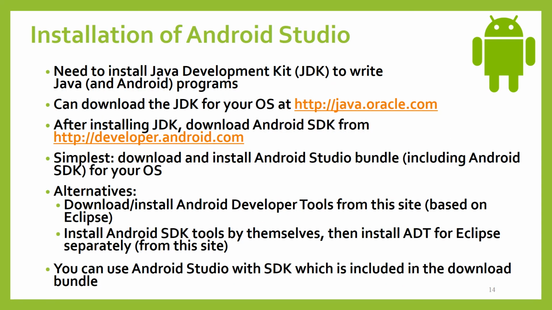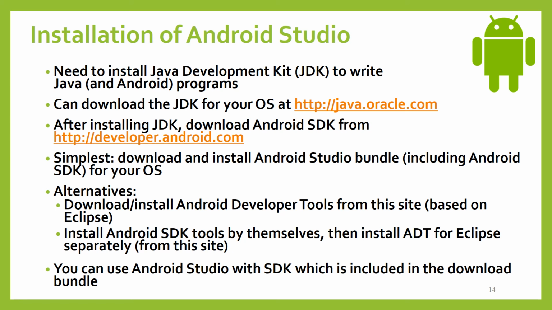So coming to the installation of Android Studio. In order to install Android Studio or any of its components, we need to install the Java Development Kit, the JDK. The JDK can be downloaded for your operating system, be it Windows or Linux.